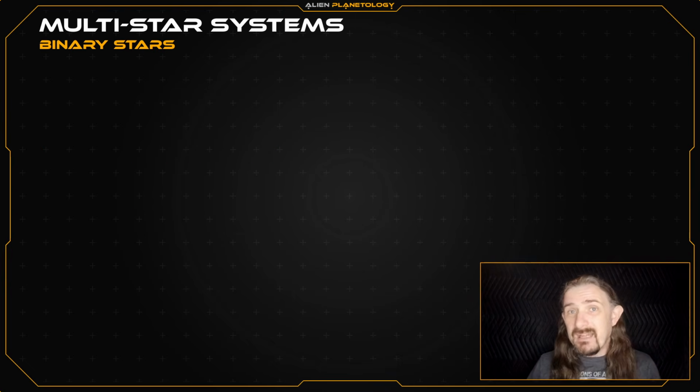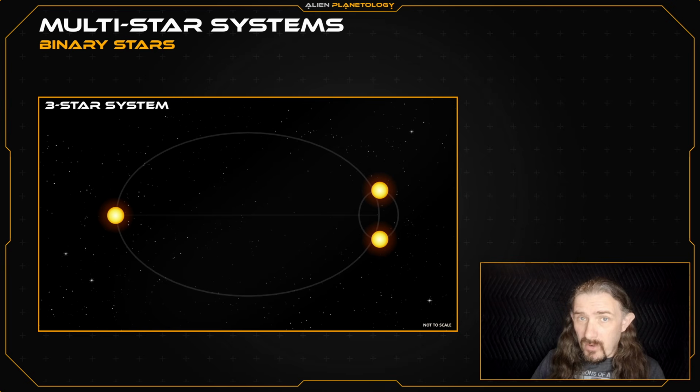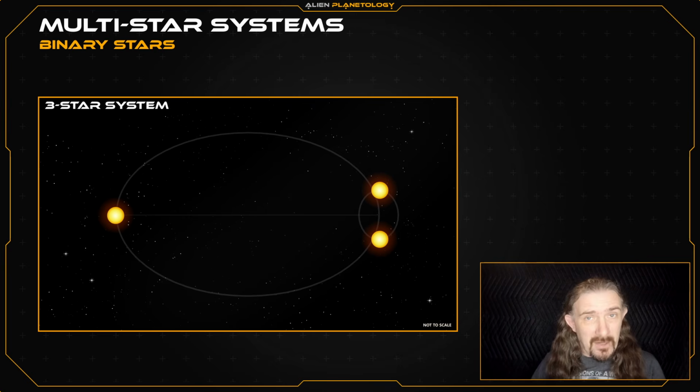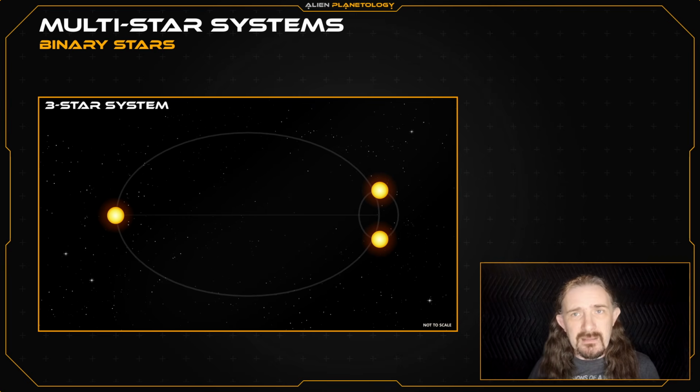Earlier, I said that binaries are the key to understanding multi-star systems. This is because multi-star systems, no matter how many stars are in them, are all organized into nested binary pairs. So if you have 3 stars, 2 of them will be in a tight or mid-distance binary pairing, while the third will orbit in a wide binary pairing with their center of mass.